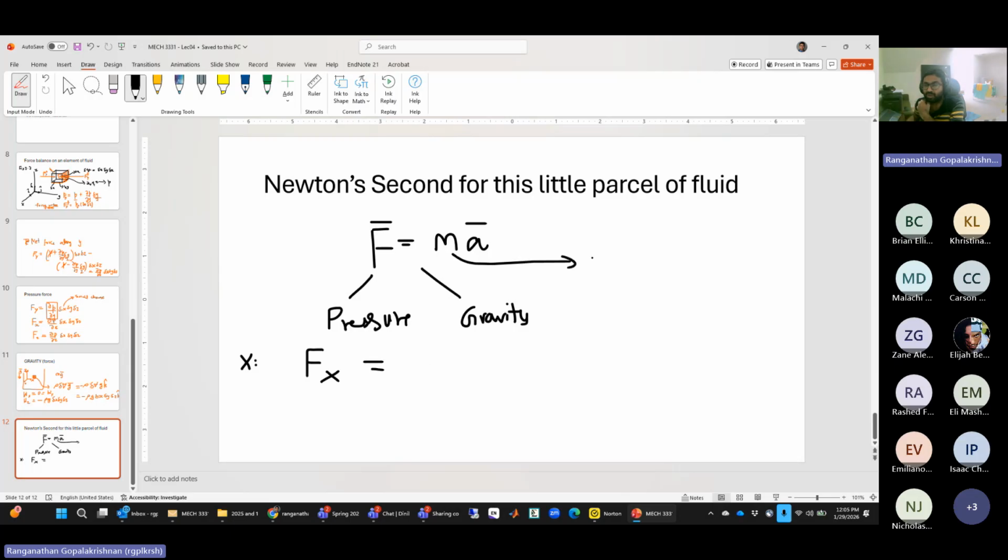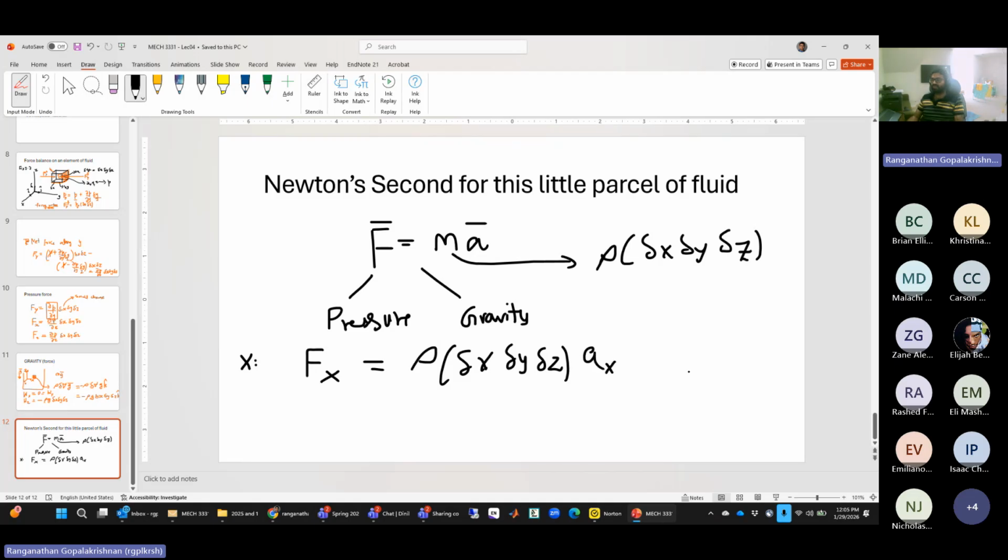And before I go further, what is mass? Density times volume, and volume being delta x, delta y, delta z. So I have, this is m, or rho times delta x, delta y, delta z times the x component of acceleration. And what is Fx?